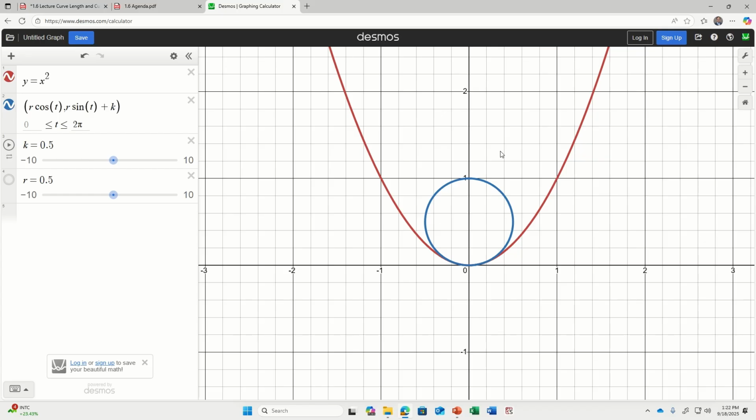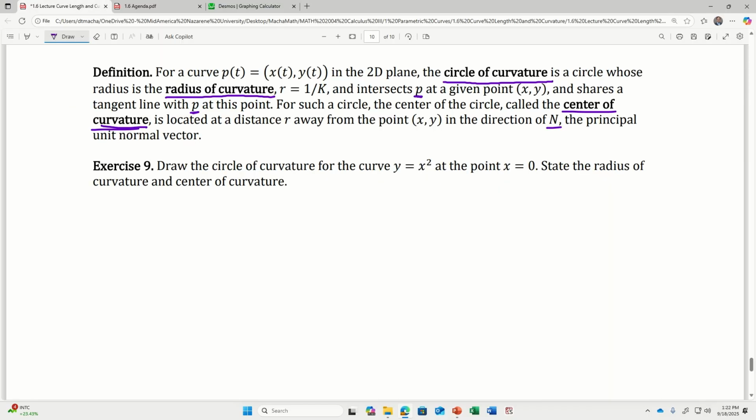And so the center of this blue circle is what we call the center of curvature for that red curve. I know that's a lot of definitions, but maybe we can find it with pencil and paper here.